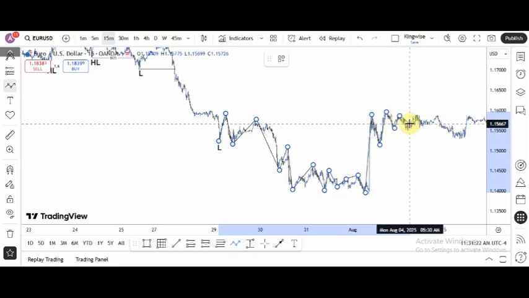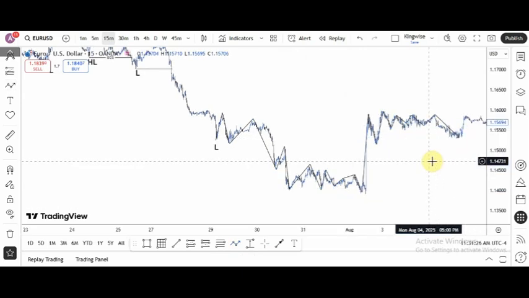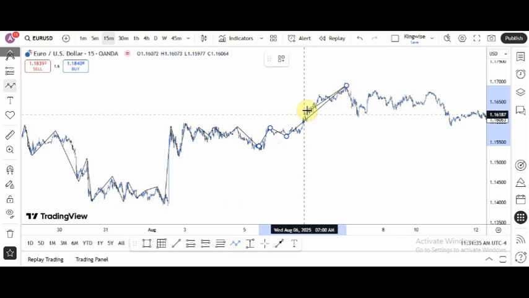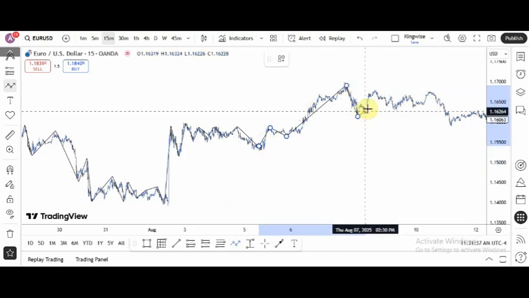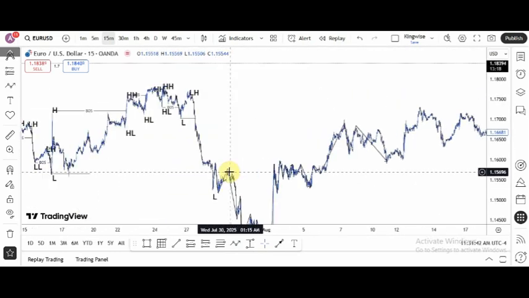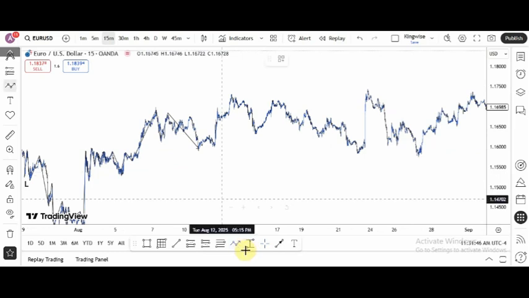Now it's consolidating around this area, consolidating or ranging, just like I taught you earlier on. So you will be engaging on the buy because it has not violated the structure of the buy. The moment it violates the structure of the buy, you want to start looking for sell. This is what you continue to do over and over again.